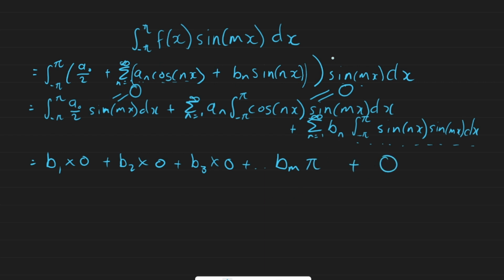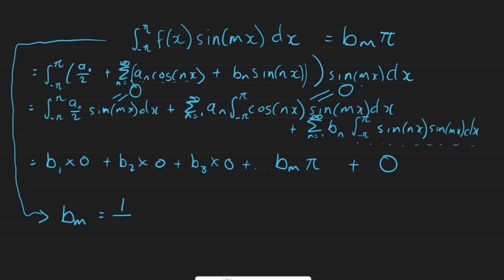So this integral takes on the value of bm pi. Now, if we solve for bm, then we find that we get 1 over pi, the integral from minus pi to pi of f of x sine mx dx.